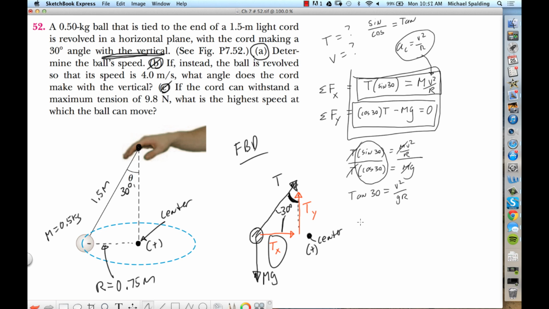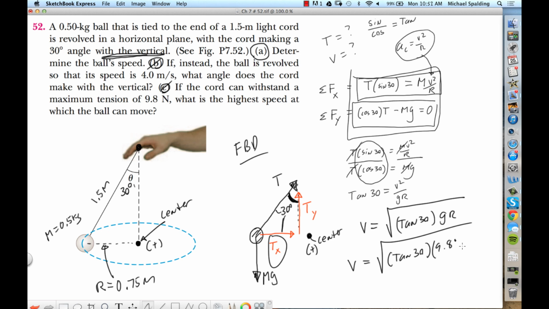Okay, so we're looking for v. V is going to be the square root of tangent 30 times gr. So this is tangent 30, 9.8, and then the radius is 0.75.